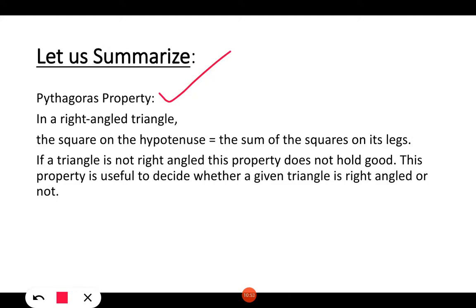This property is useful to decide whether a given triangle is right angle triangle or not. So, in order to check whether a triangle is right angled or not, we can apply Pythagoras property. If it holds good, then the triangle is right angle triangle. If not, then the given triangle is not right angle triangle.